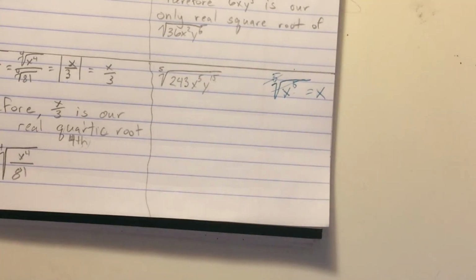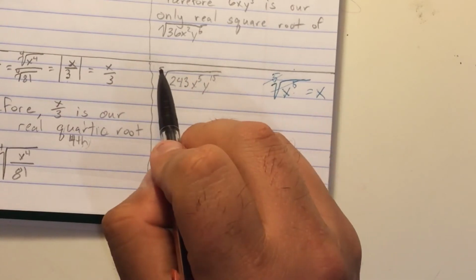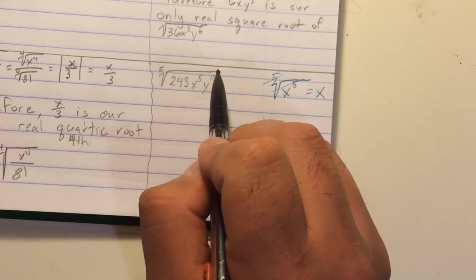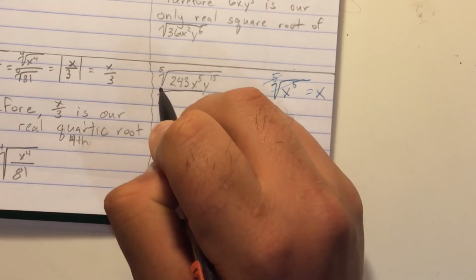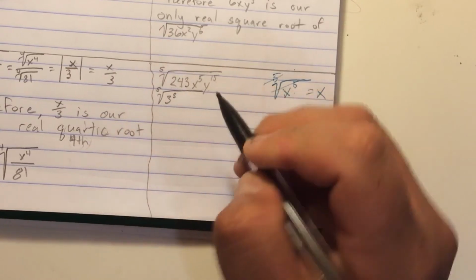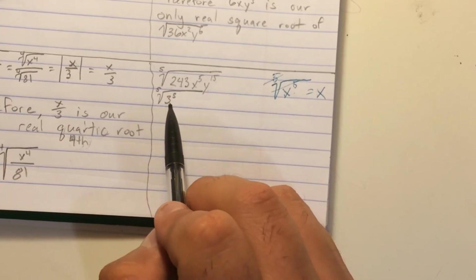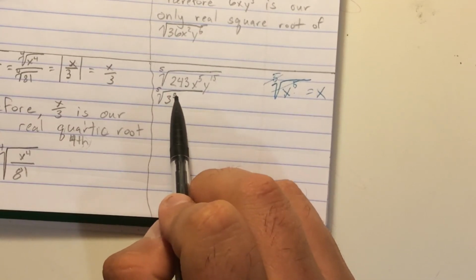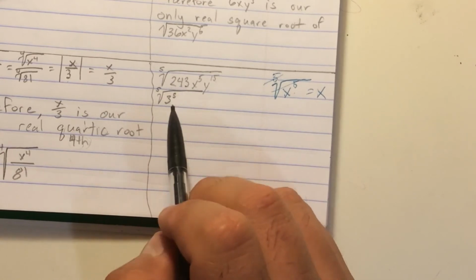So I know that 243 is the fifth root of 3 to the fifth power. I know that because I know that 3 to the fourth power is 81, and 3 times 81 gives us 243.